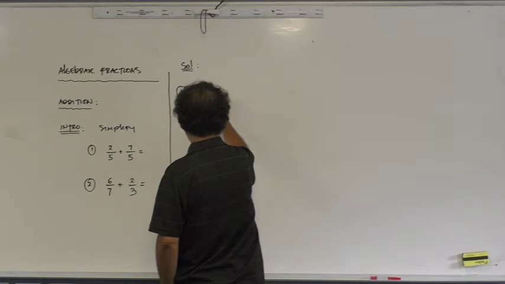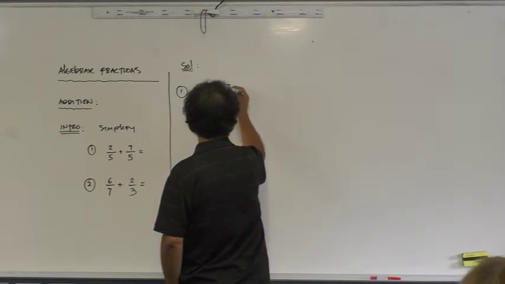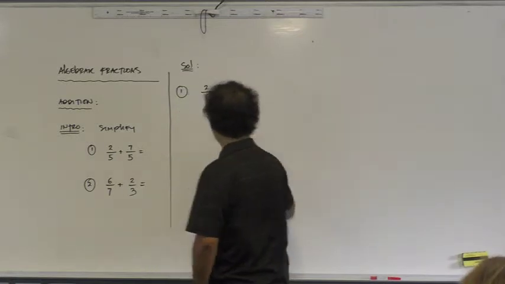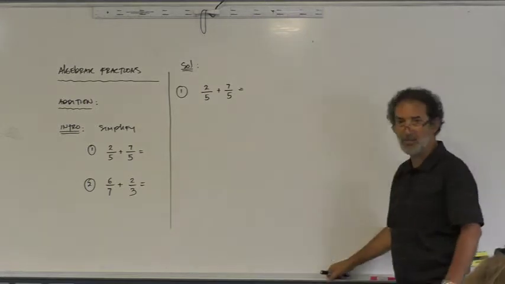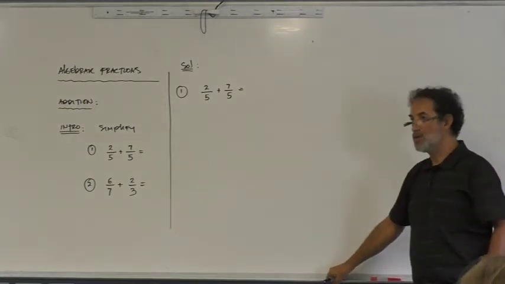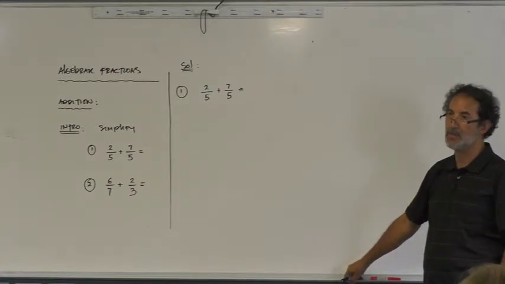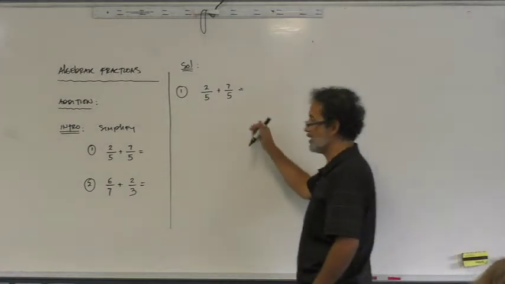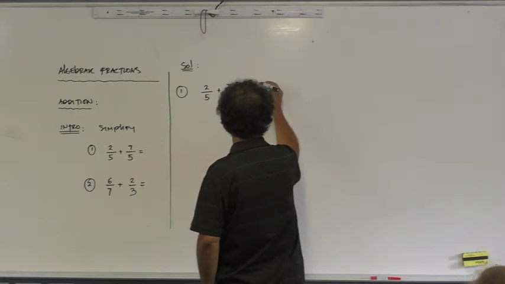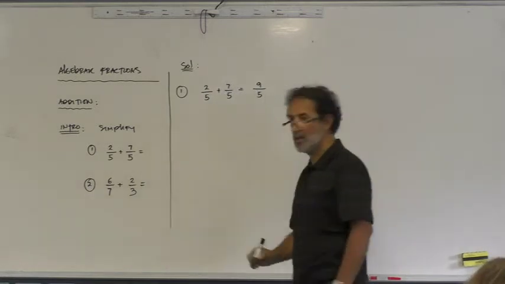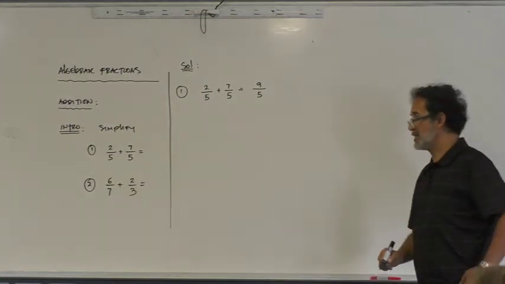So we have to do 2 over 5 plus 7 over 5, and we know that when you have the same denominator, you add the numerators and keep the denominator. This is something that we all know. So it's going to be 9 on 5. That's it. Okay, next.